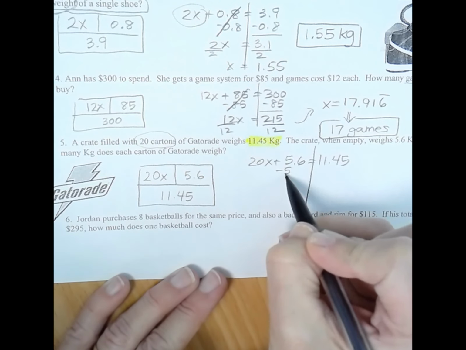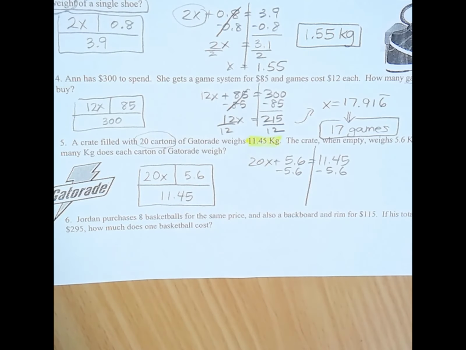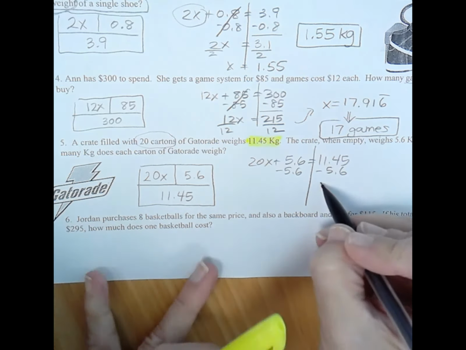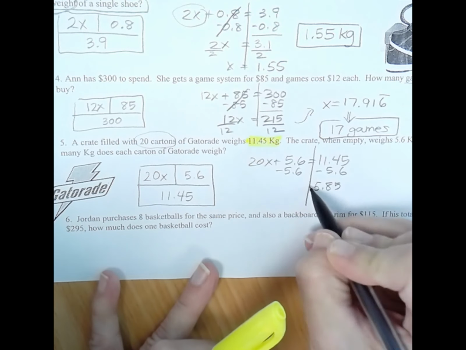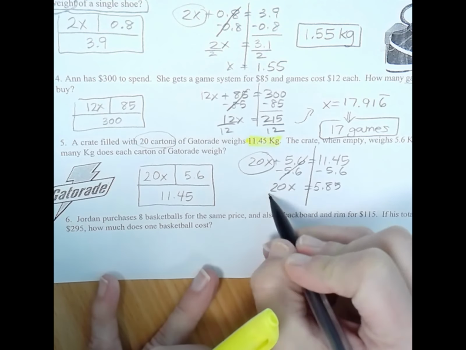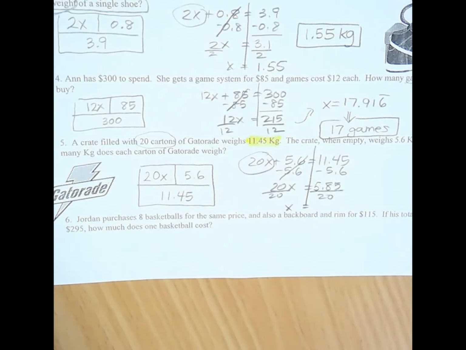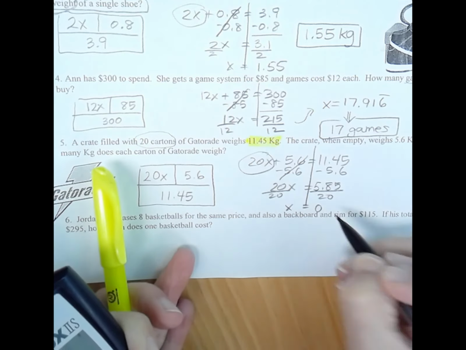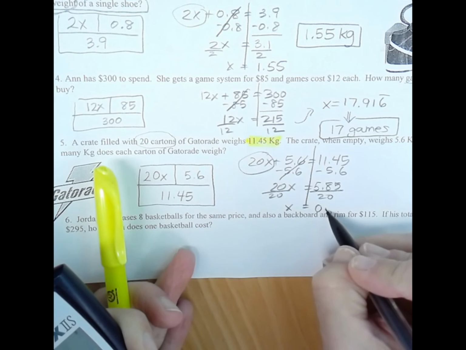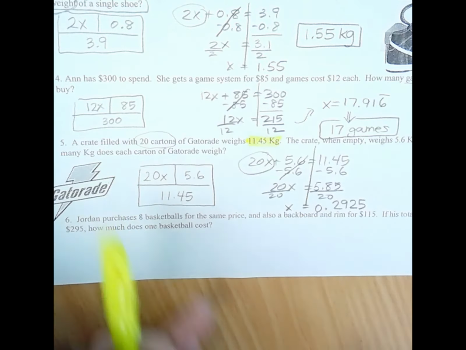Okay, we're still using the same steps to solve. Still have 20x on this side, so I divide by 20. Okay, here's another one. We get a strange decimal, 0.2925.